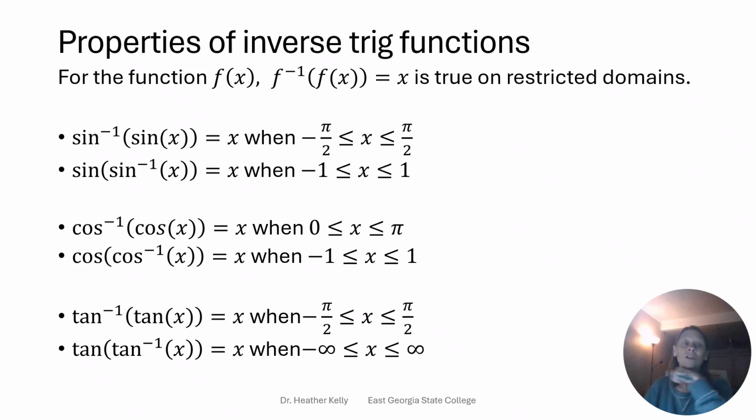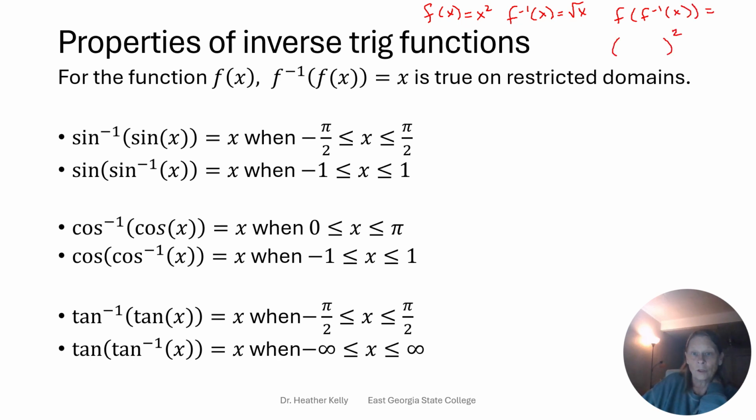Okay. Let's take a look at the properties of inverse trig functions. So for the functions f of x, f inverse of f of x is equal to x. And we know this because, and I'm just going to do a little example here, if we have f of x is equal to x squared, and f inverse of x is equal to the square root of x, then f composed with f inverse of x is equal to the first function written down completely, the second function inside.